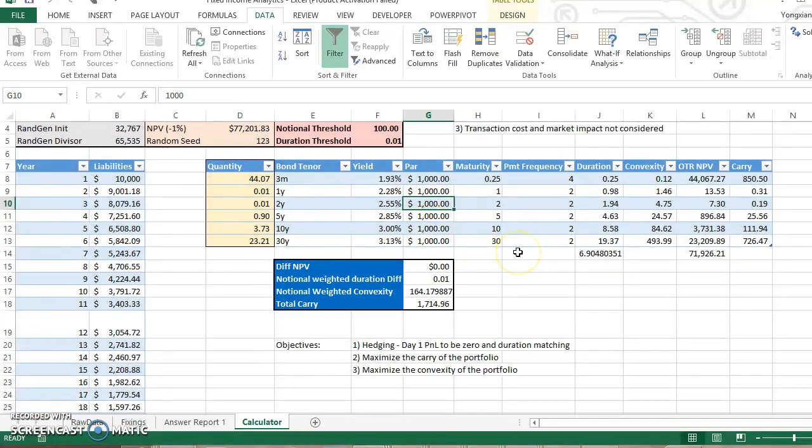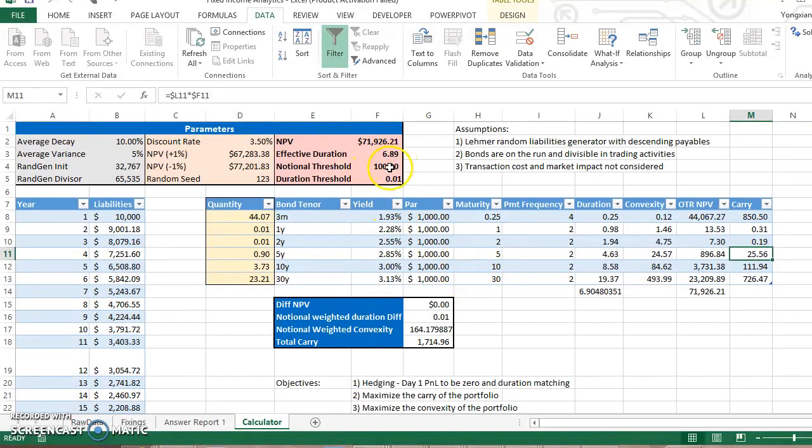So the second part is I want to maximize the carry of the portfolio. Carry is calculated by the total notional and the yield. So we want the notional and duration all within the threshold of $100 MPV and then 0.01 for duration.